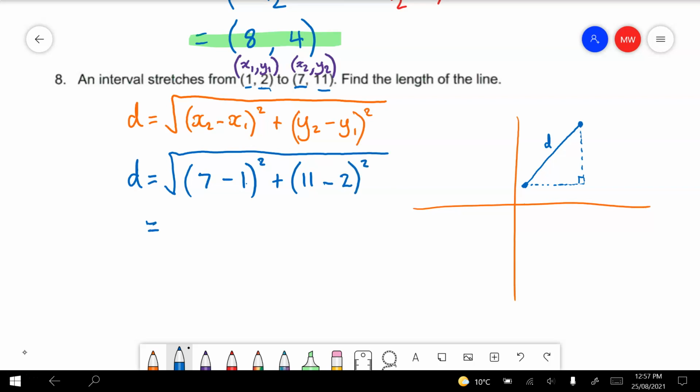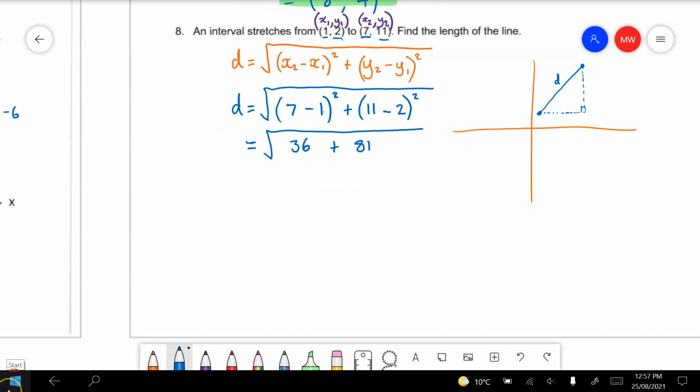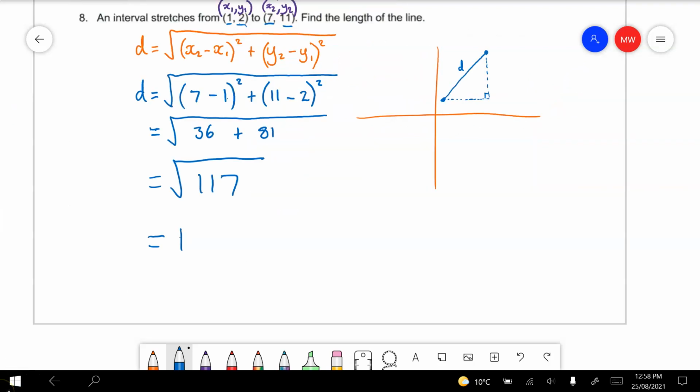So we'll have the square root of 7 minus 1 is 6, and 6 squared is 36. And we've got 11 minus 2, which is 9. 9 squared is 81. Which gives us the square root of 117, which if we put in our calculator, is a distance of 10.82.